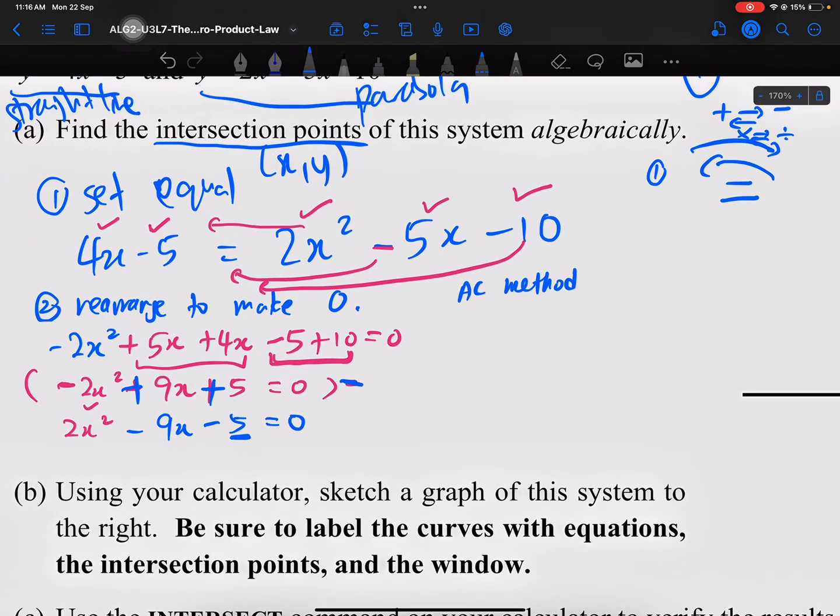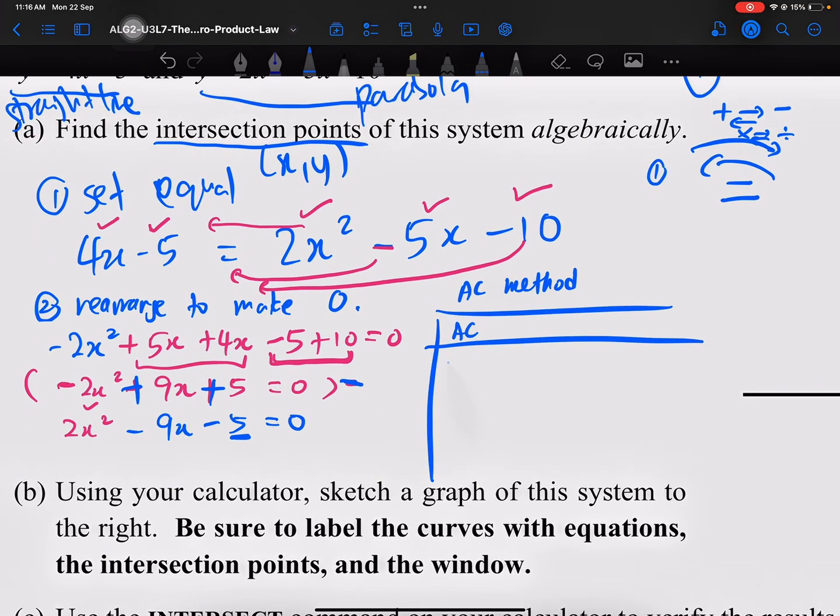For the AC method, list down the factors. A times C: 2 times negative 5 is negative 10. Factors to get negative 10 are 1 times negative 10, and 2 times 5.